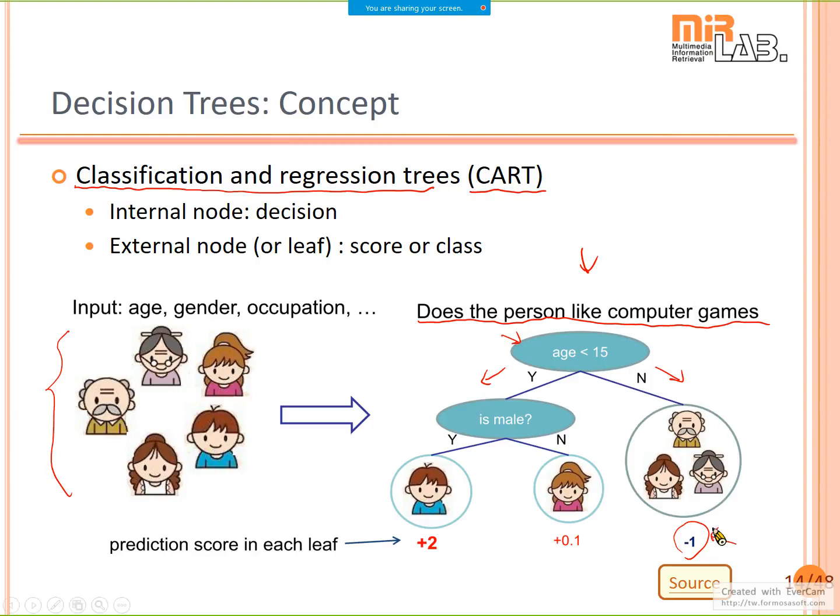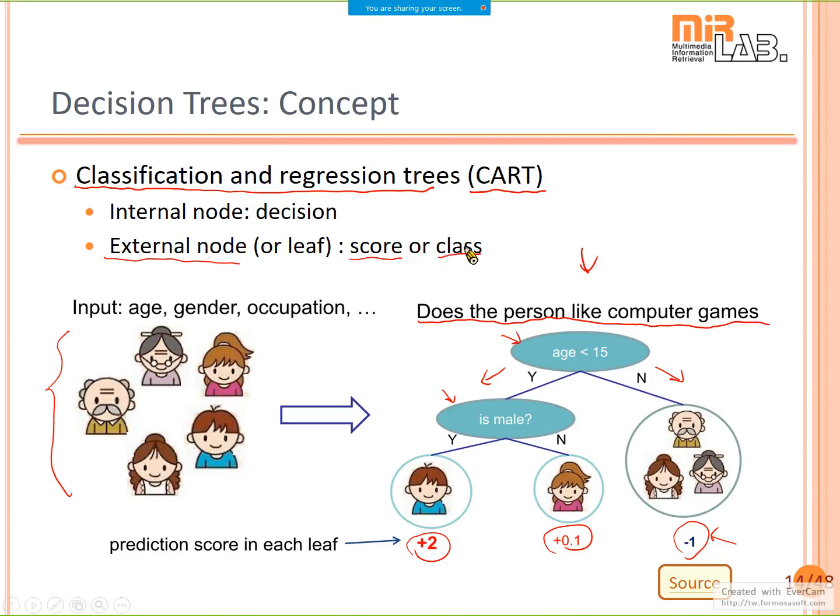That means the guy is not likely to play computer games. And once you reach this, it is another decision node. So an internal node is for decision. If it's male, the degree this guy likes to play computer games is +2, or if it's female, then it's +1.